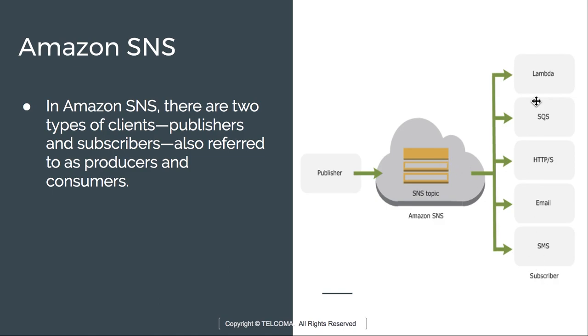And these are the subscribers: Lambda, SQS, HTTP, HTTPS, email, SMS. A publisher can communicate asynchronously with a subscriber by producing and sending a message to a topic, which is a logical access point and communication channel.